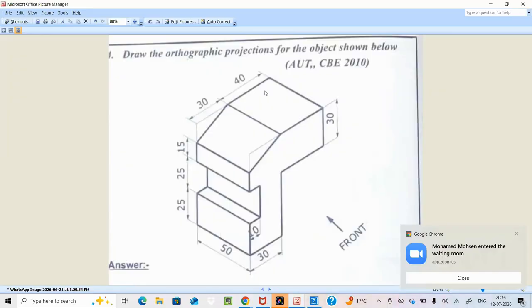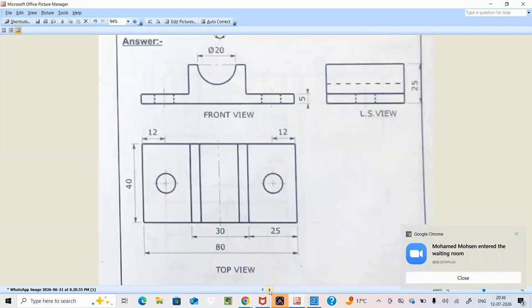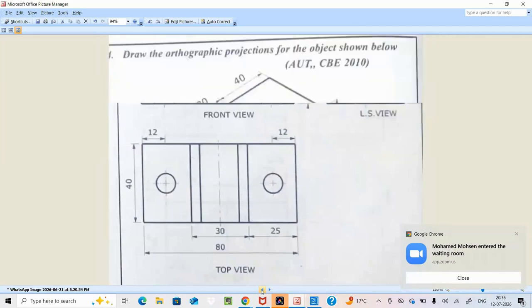So you have to show these three views in separate drawings. We need to draw the front view, the left side view, and the top view. So the front view is visible. What is visible, we need to draw in a separate A3 sheet. So I'll show the drawing for this.